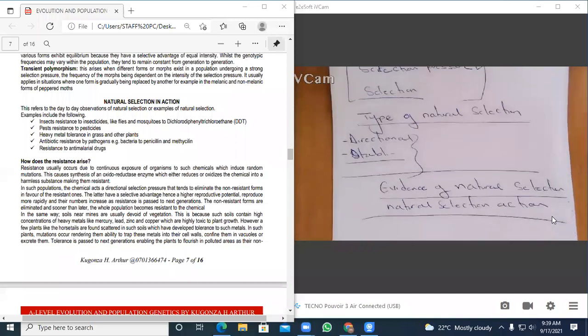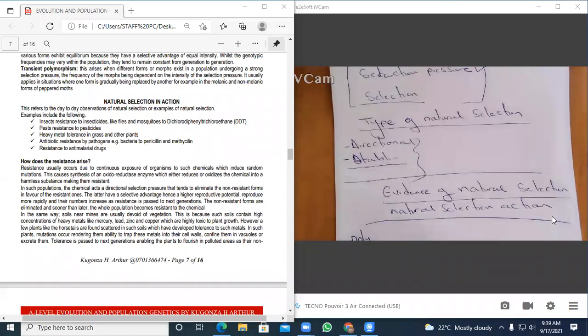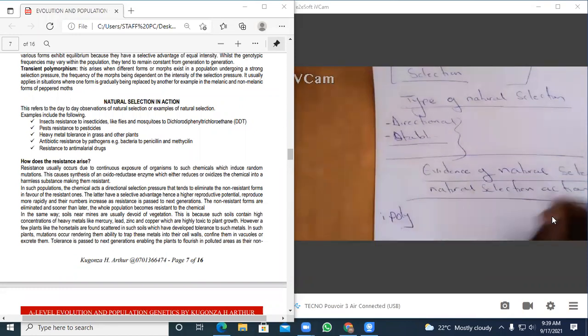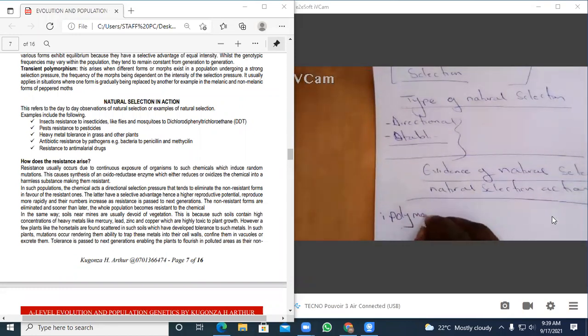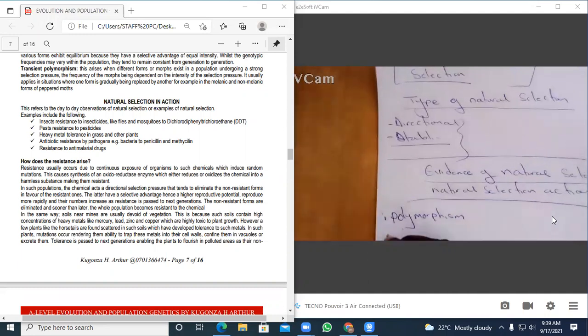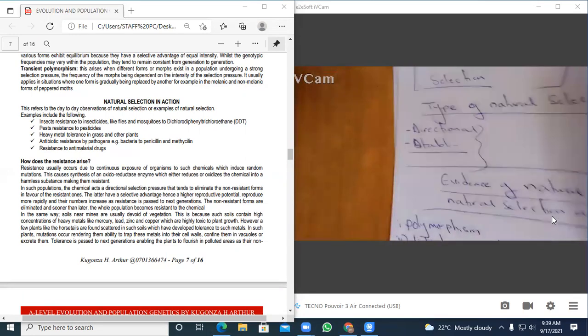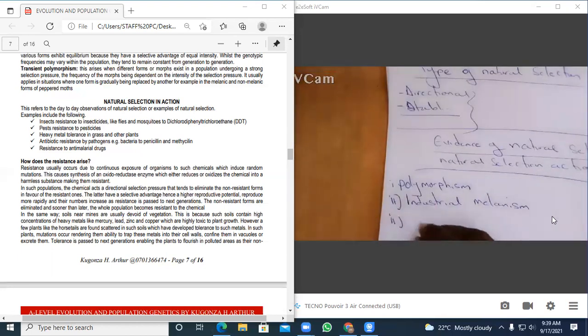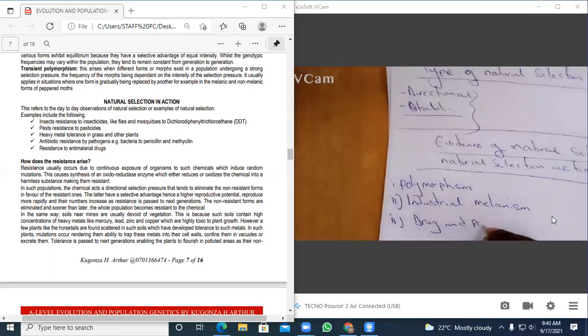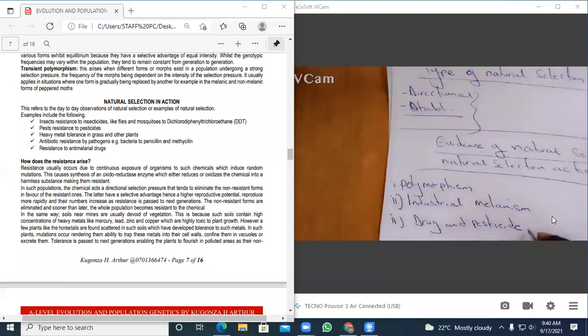One of them we are going to look at is polymorphism. The first evidence of natural selection is polymorphism. The second is industrial melanism. Third, we are going to look at drug and pesticide resistance.